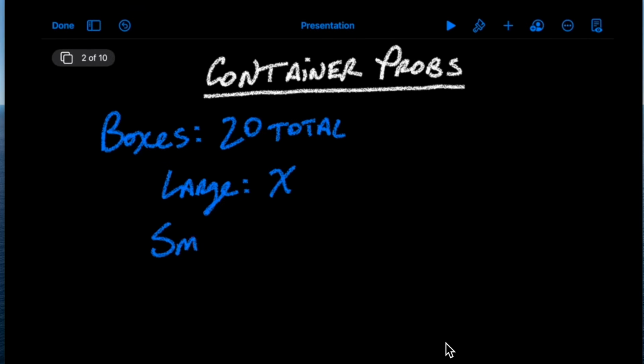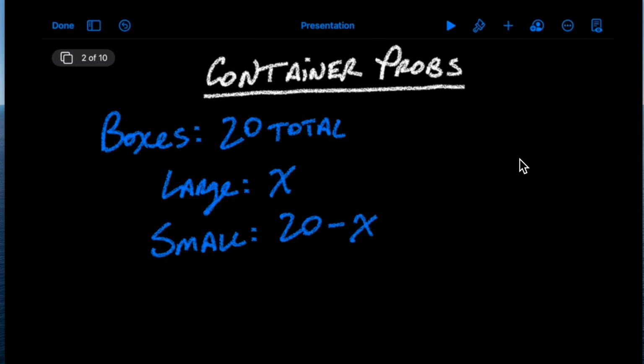How would you express the number of small boxes? Well, it would be the total minus the number of large. 20 minus x. And that concept, that the total minus the amount of one of the choices yields the number of the other choice, is very important in solving these container problems.